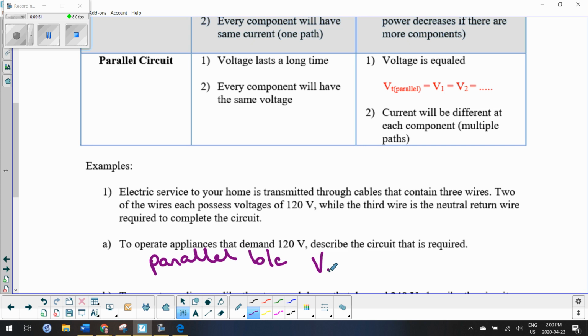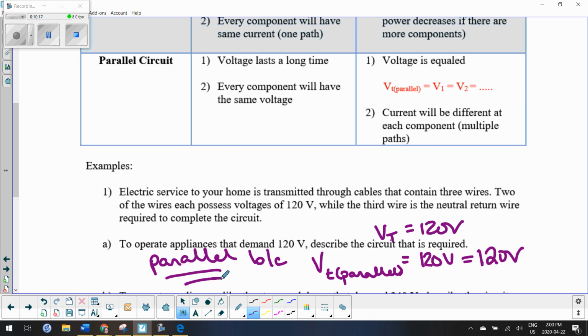because V total in parallel equals V1, which was 120 volts, equals V2 of 120 volts. So my total voltage should equal 120 volts if I connected them in parallel.